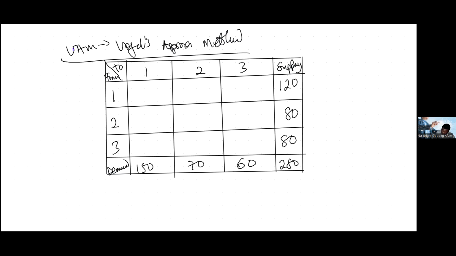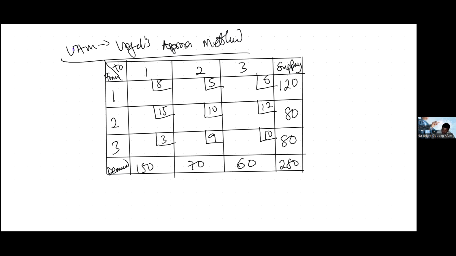So there is a cost within each cell. So we still bring this cost within the cell, and the cost is 8, 5, 6, 15, 10, 12, 3, 9, and 10. So what we do is to find the penalty, right?